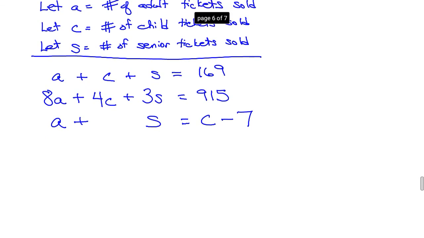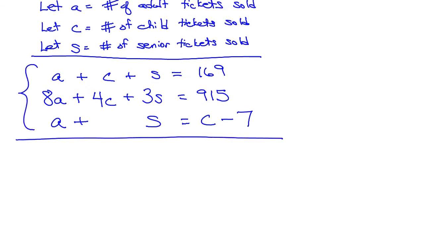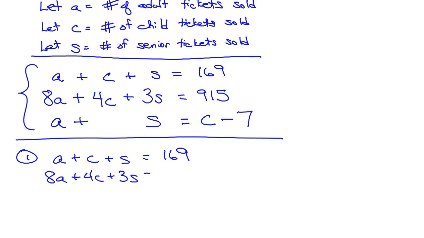So let's go ahead and solve this system using our techniques from before. So one, I'm going to pick the first and second equations to solve. A plus C plus S is equal to 169, and 8A plus 4C plus 3S is equal to 915.